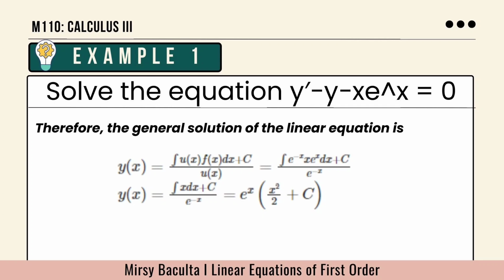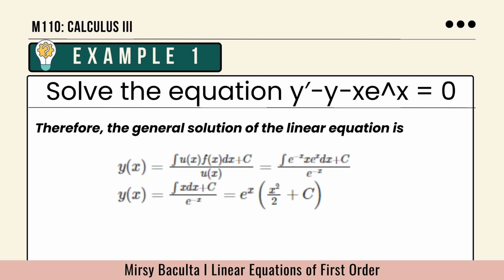The e terms cancel out. The denominator is u of x, which is e to the power of negative x. So we evaluate the integral above. Of course, the integral of e to the power of negative x times x e to the power of x dx plus c is equal to the integral of x dx plus c, over e to the power of negative x.